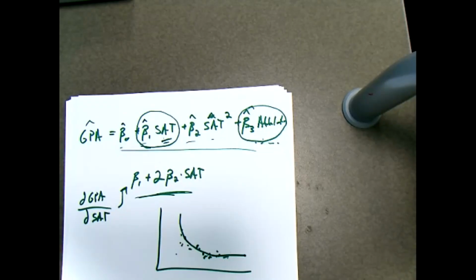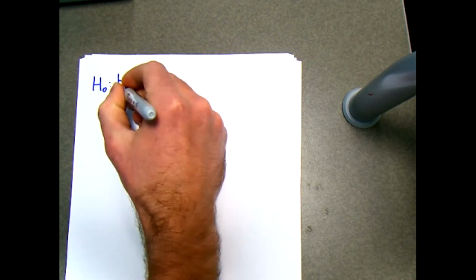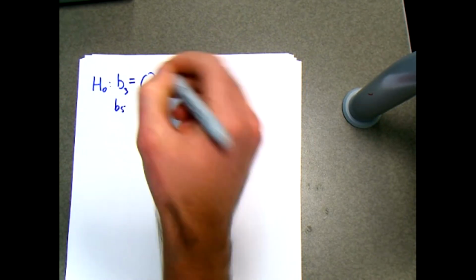When I look at these coefficients, I always start out with the same null hypothesis for every coefficient, whatever that slope is, maybe the slope on the third variable, the slope on the fifth variable. We always assume that the relationship doesn't exist, that there is not a significant relationship between that X variable and our Y variable.